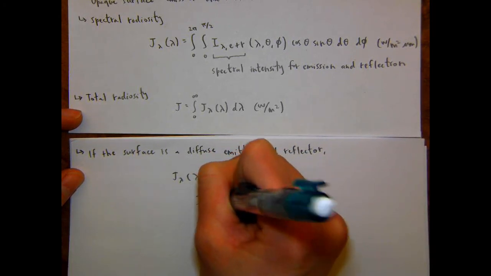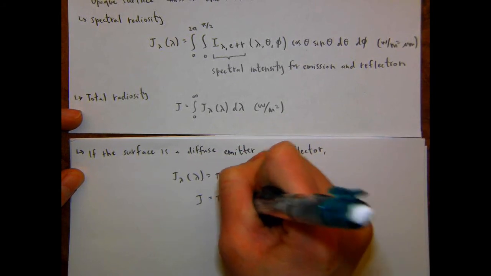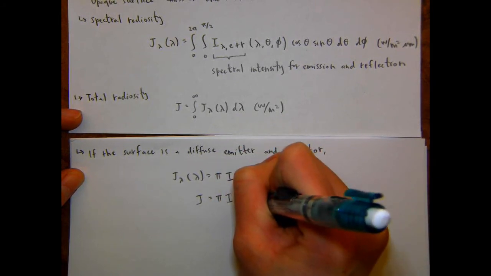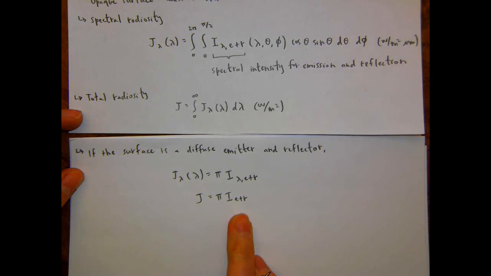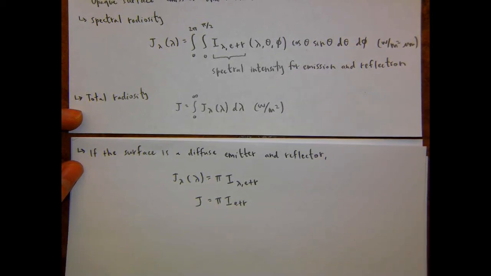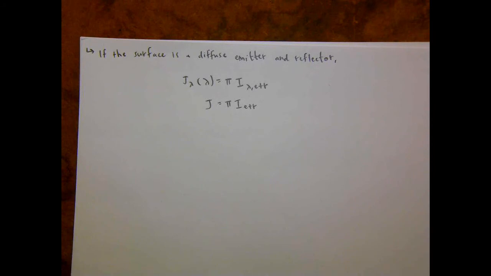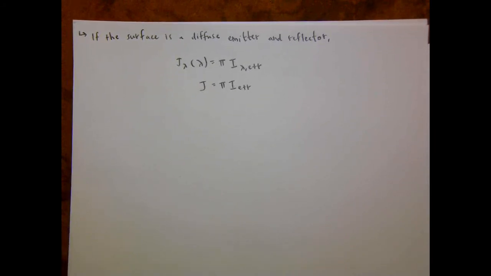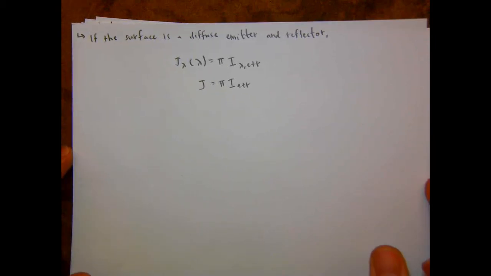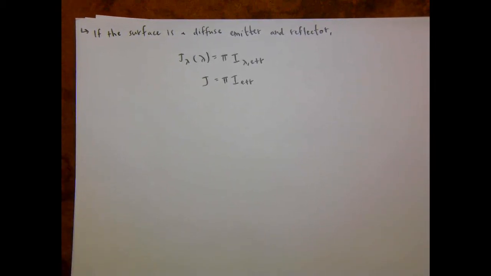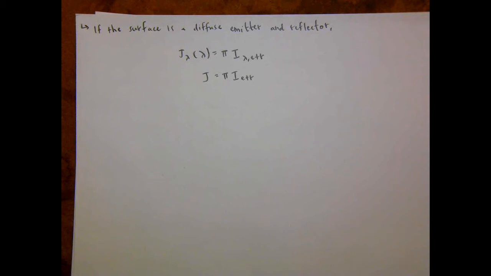And the total radiosity is pi times the total intensity for emission and reflection. So just like before. All right, any questions on that?